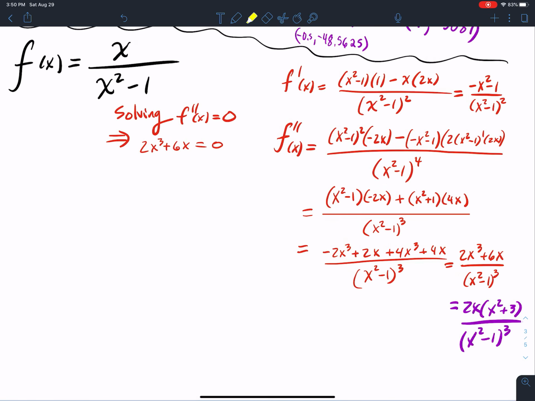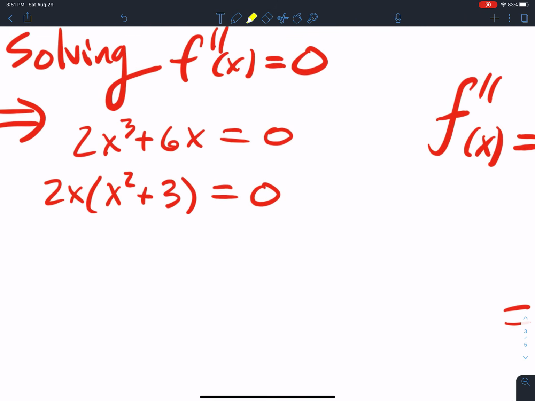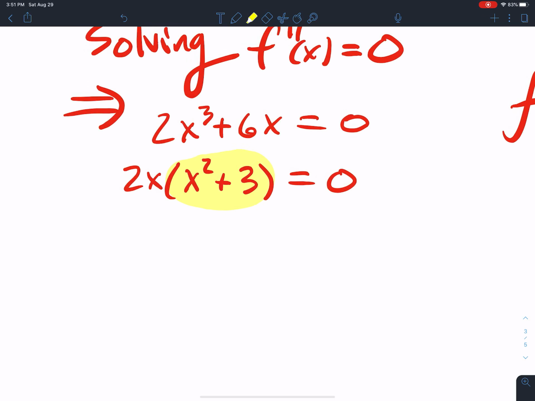So if I set the numerator equal to 0 right here, I factored it just like I did here. And so what happens here? Well, x squared plus 3 is a polynomial, a parabola shifted up 3 units. It never crosses the x-axis, so that means this thing is never actually equal to 0.